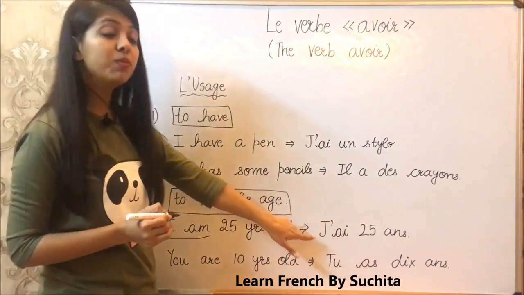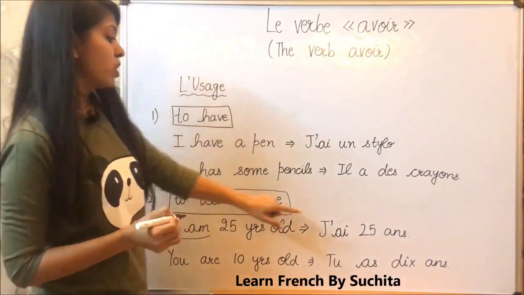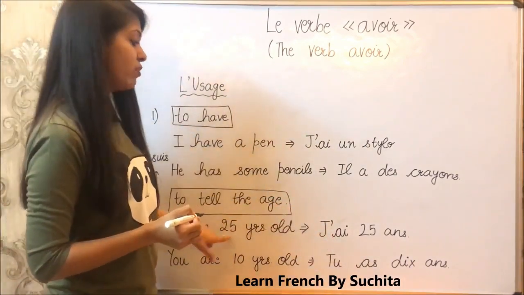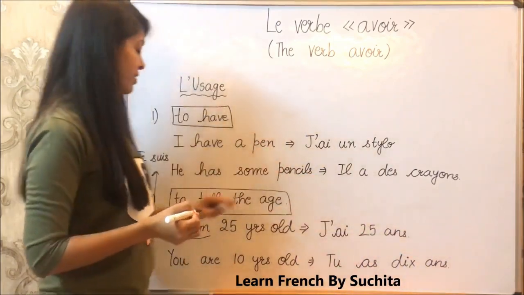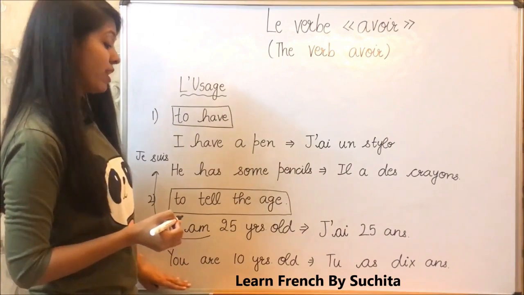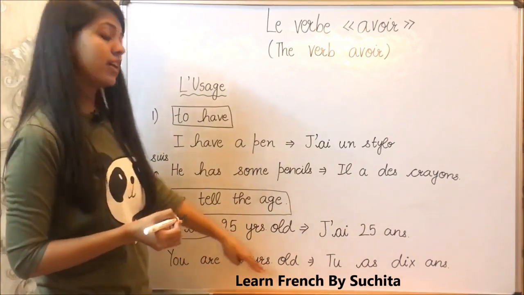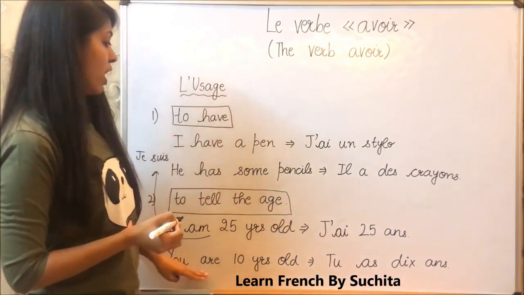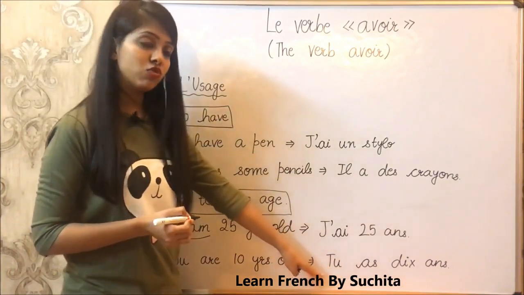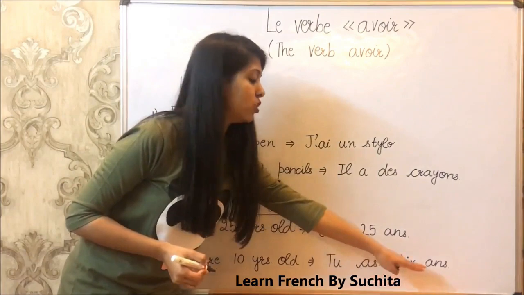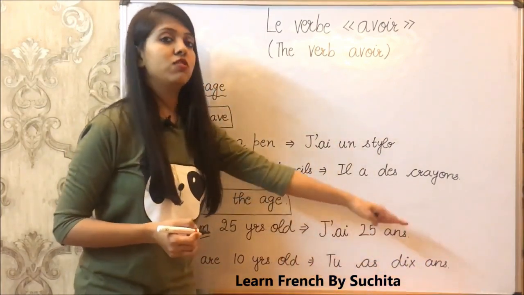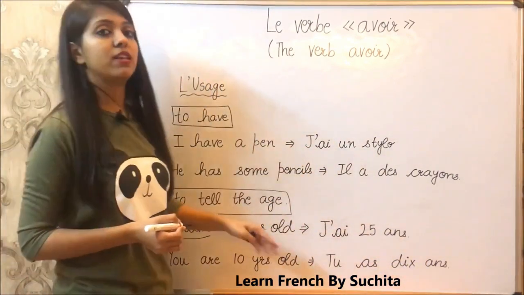We will always use the verb avoir. So j'ai, now 25 is 25 ans. J'ai 25 ans, which means I am 25 years old. The next one is you are 10 years old. For you I'll use tu and the verb avoir followed by the age. So tu as 10 ans, which means you are 10 years old.